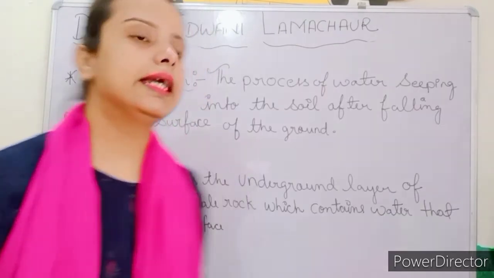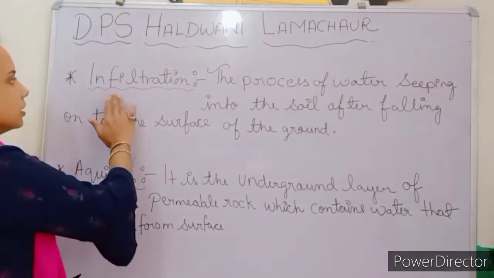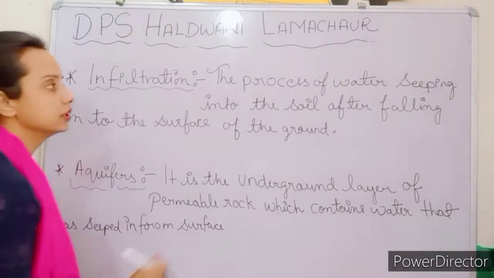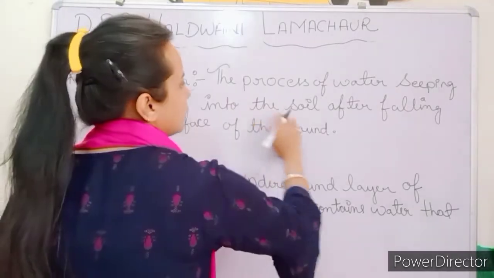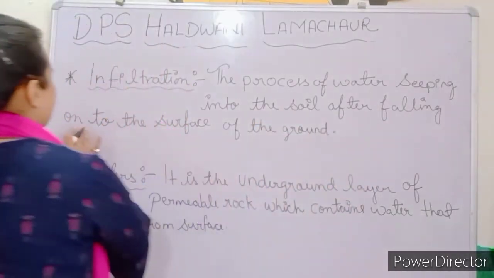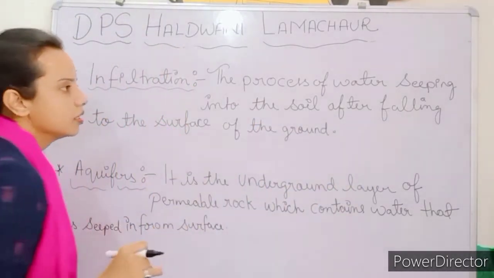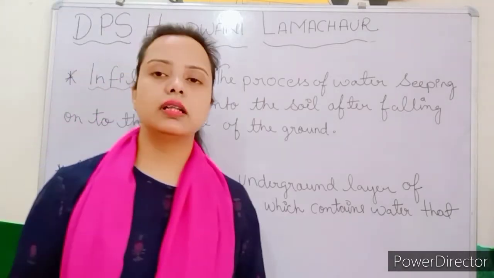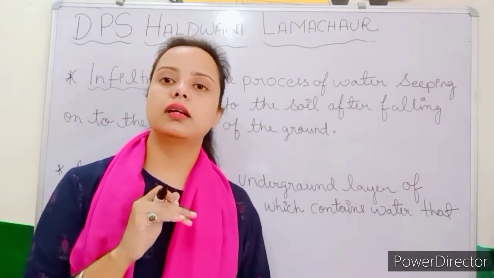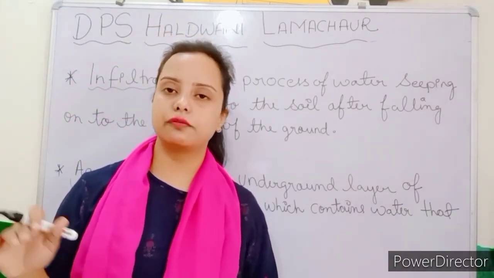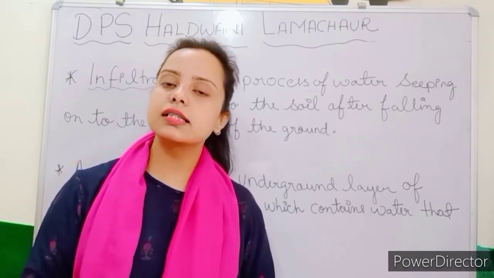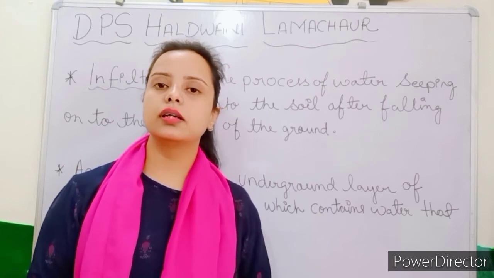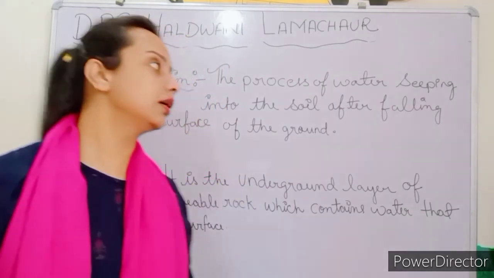So the next term is infiltration. What is infiltration? The process of water seeping into the soil after falling onto the surface. So what happens when rainfall takes place, the water falls onto the surface, and after the surface the water goes under the ground.